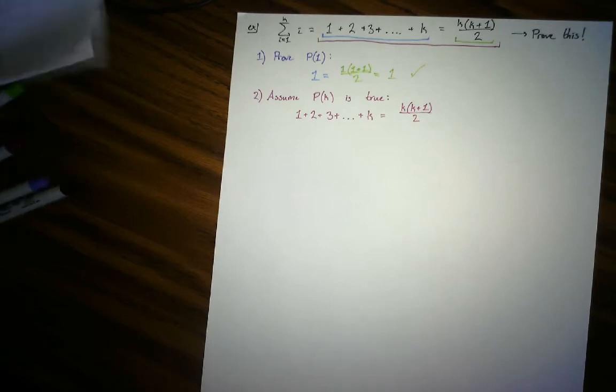If we're trying to show that P of k plus 1 is true, this might be a little confusing, but I'm going to try to stay consistent and use the same colored marker.